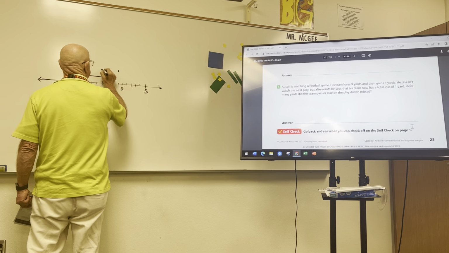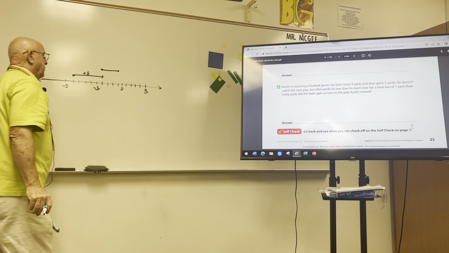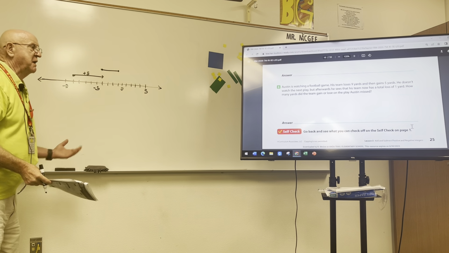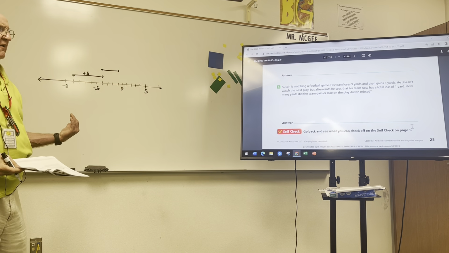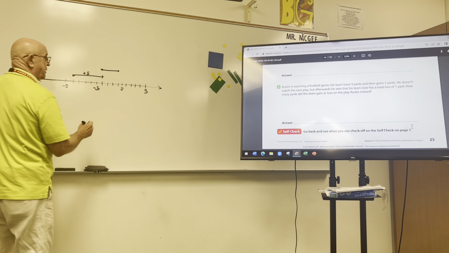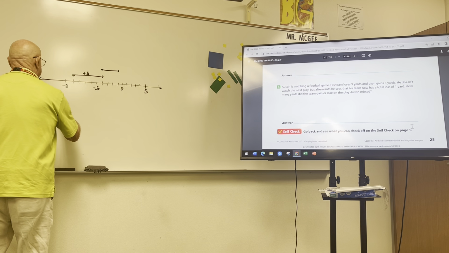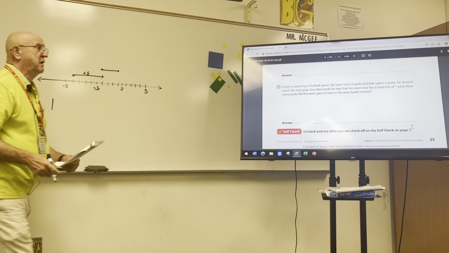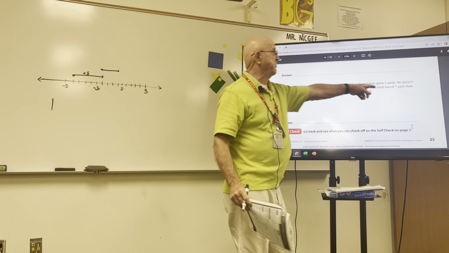So how far is that? On a number line, it's easy to see, but we could actually add that together. We could find it using the absolute value. They told us where he's at. They only lost 1 yard. Here it says he had a total loss of 1 yard.